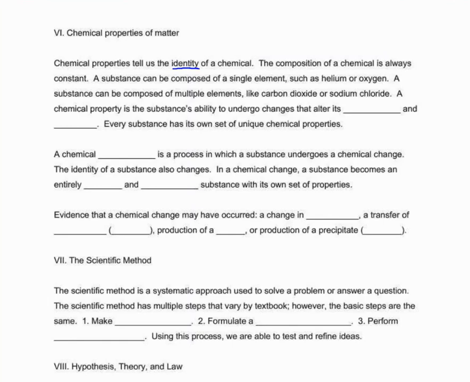So a substance could be composed of a single element, something like helium or oxygen. Over here we have He for helium, we have O2 for oxygen. Those are substances or chemicals composed of a single element.